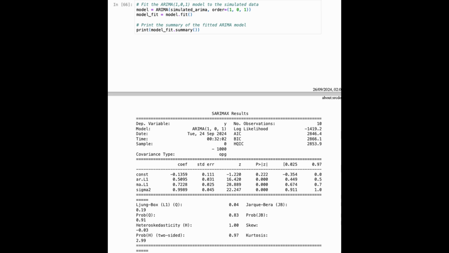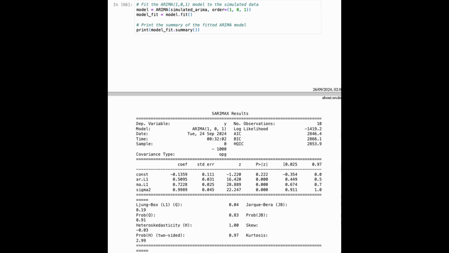BIC, the Bayesian information criterion, is 2866.112. BIC is similar to AIC but with a stronger penalty for models with more parameters. Again, a lower BIC value indicates a better model fit with sufficient complexity to capture the data dynamics without overfitting, like the description of AIC.